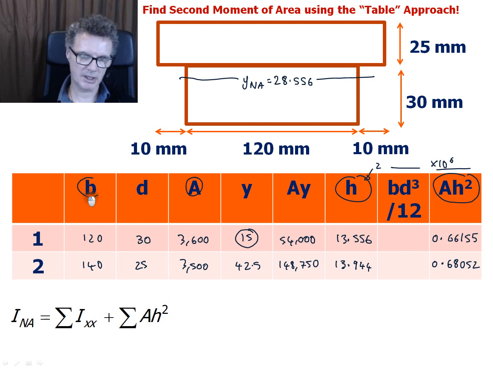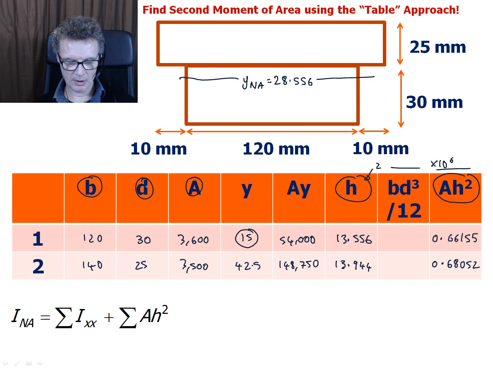Now let's do the BD cubed. So we're going back to here. So B is 120 times 30 to the power 3 and divide it by 12. Okay, so that gives me 0.27.